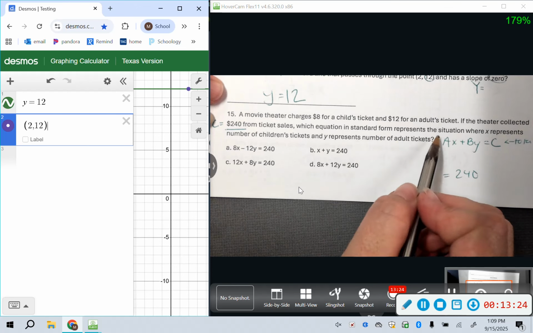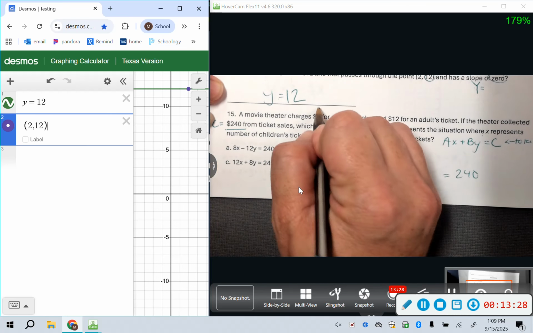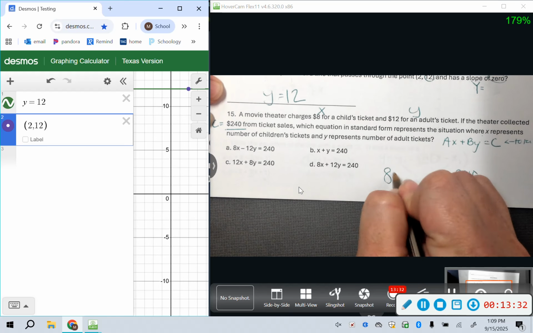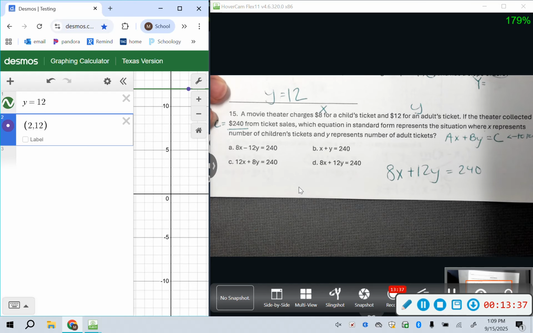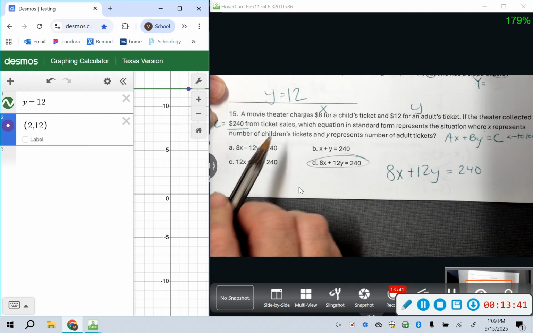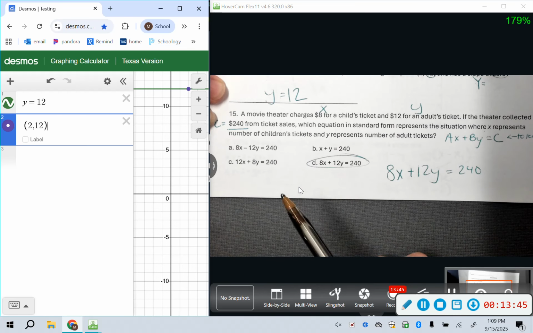Which equation in standard form represents the situation where x is the number of child tickets? So child tickets is here, this is my x. Adult tickets is y, this is my y. So 8x and 12y is 240. So it's D. Now we're not subtracting. It's literally saying both of them together equals 240. So both of them together is adding.